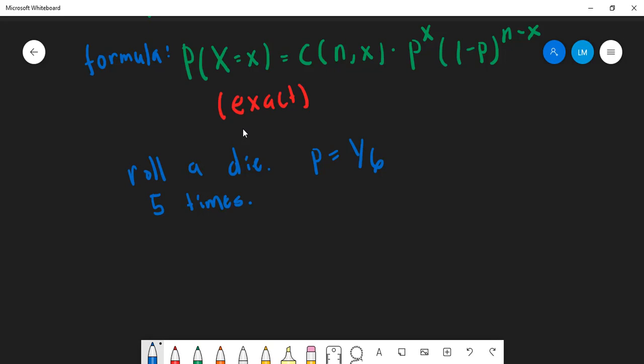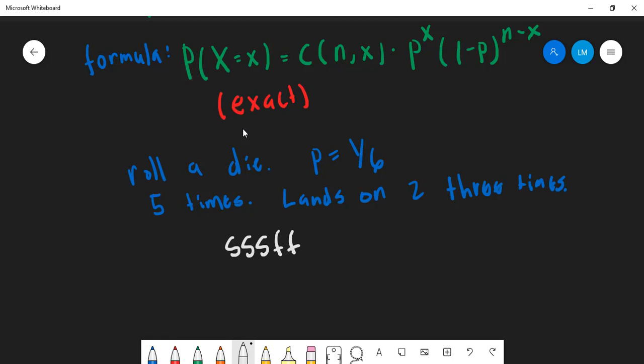And let's say that we just want our die to land on 2 3 times. Well, what this means is that we have to figure out that there has to be 3 successes and 2 failures. So we have success, success, success, failure, and failure.